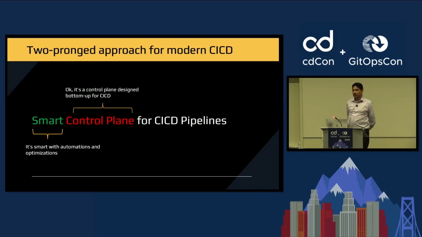There are many tools available in the market, like Jenkins or Tekton, that can be used to set up a pipeline, right? And that can automatically trigger the build, the testing, the analysis of the code, or even deployment on the target platform. So our approach basically extends these tools by providing a smart control plane.